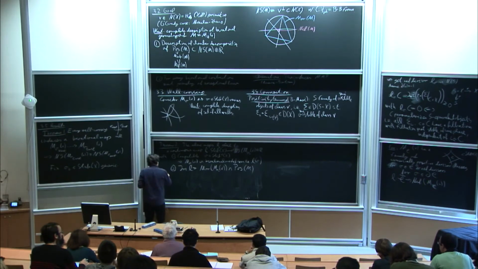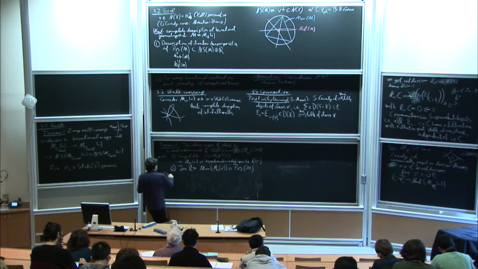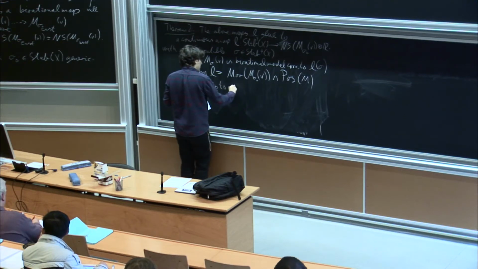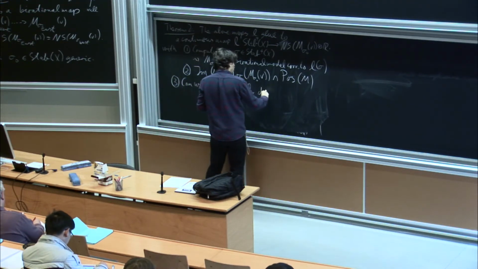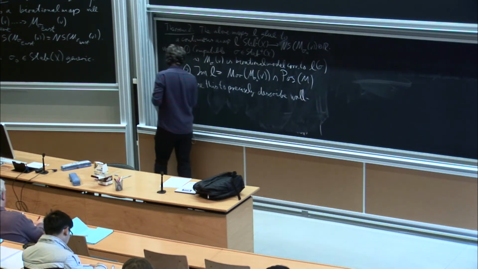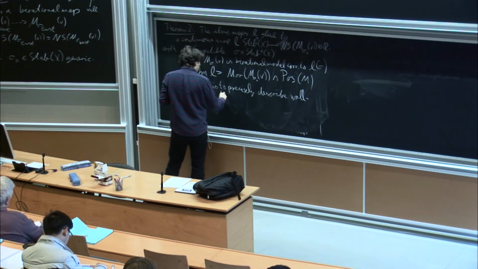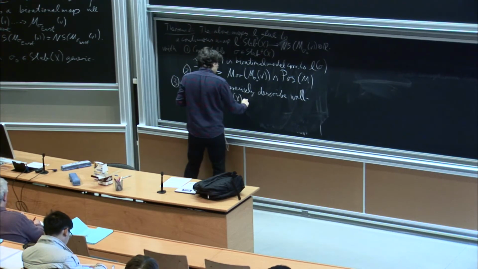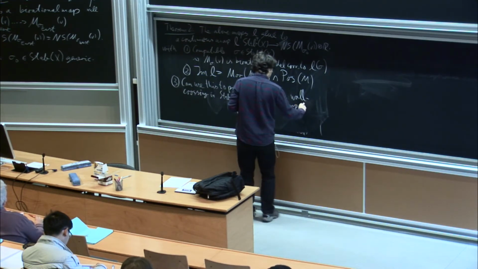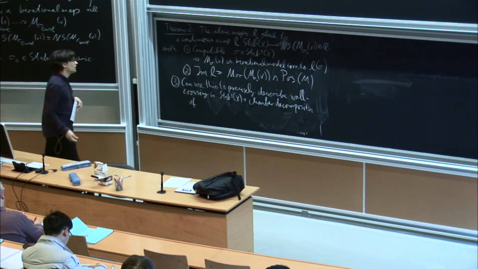Right, and maybe the crucial part is that one can really use this to precisely describe the wall crossing in Stab dagger of X plus all this chamber decomposition of the movable cone.